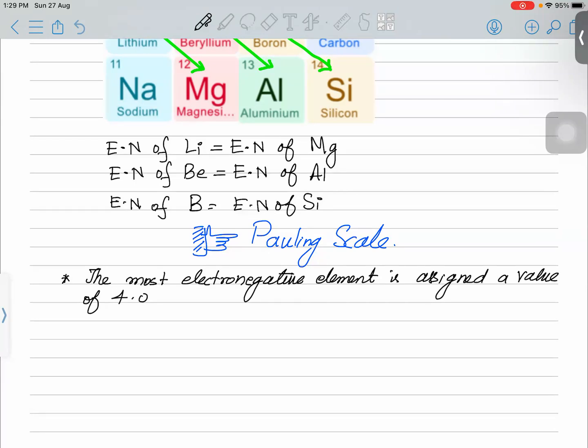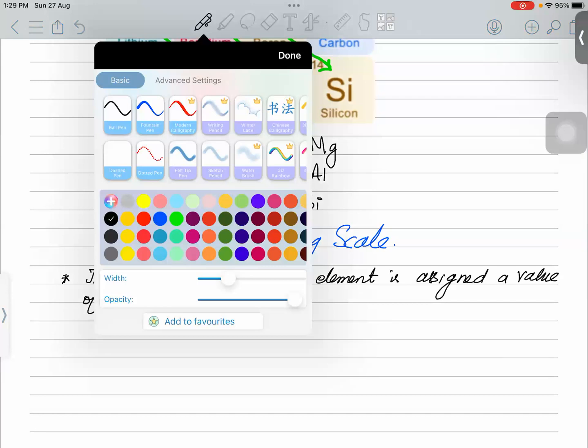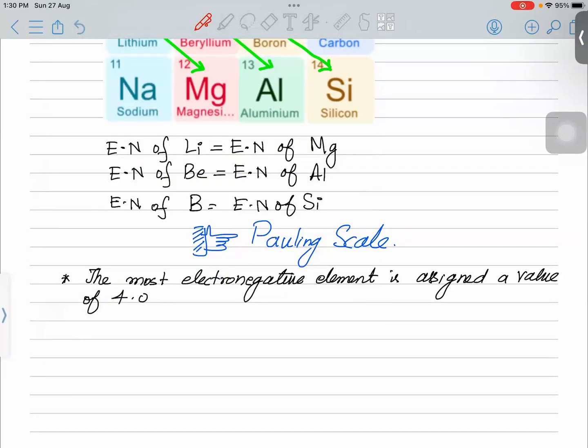The most electronegative element is assigned a value of 4, and that belongs to fluorine. Are you getting my point or not? Yes, sir.